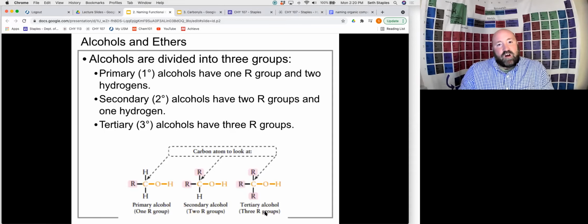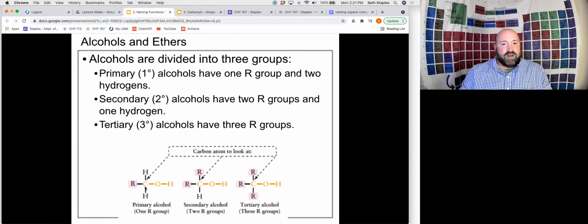We do divide alcohols into three different groups, either primary, secondary, or tertiary alcohols. In order to decide, you really have to look at the carbon that's attached to your alcohol group. And sometimes, by the way, alcohol groups are called hydroxyl groups, so you may hear me use that terminology. And so we look here at this carbon that's attached to our hydroxyl.